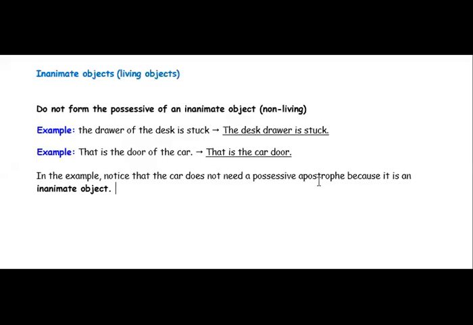And the last rule that we're going to learn today is about inanimate objects, or non-living things. Give me examples of non-living things in the chat. A plant is a living thing, right? People are living things. A rock is not a living thing. Good. Dirt.